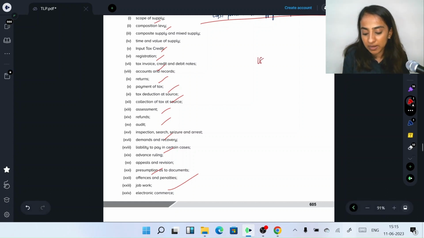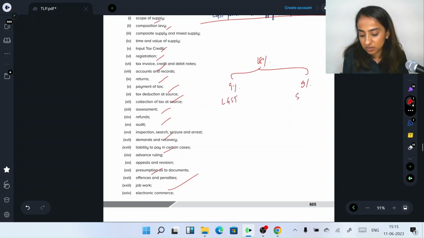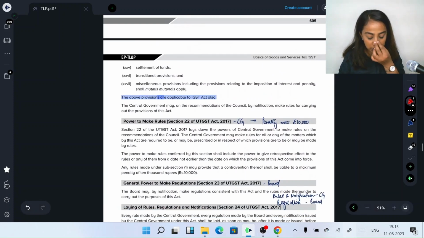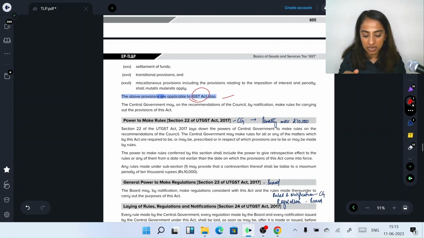Let's say you're paying 18%. So this is half, this is half, this is 9% CGST and this is 9% SGST, right? Are you going to say I'll apply only to this, I'll not apply to this? Whatever liability I'm going to pay, I'm going to pay only for this and not for this? No, not at all. It'll be the same. Whatever is the same for CGST will be the same for SGST. So you don't have to separately read the different acts. The above provisions are applicable to IGST also.